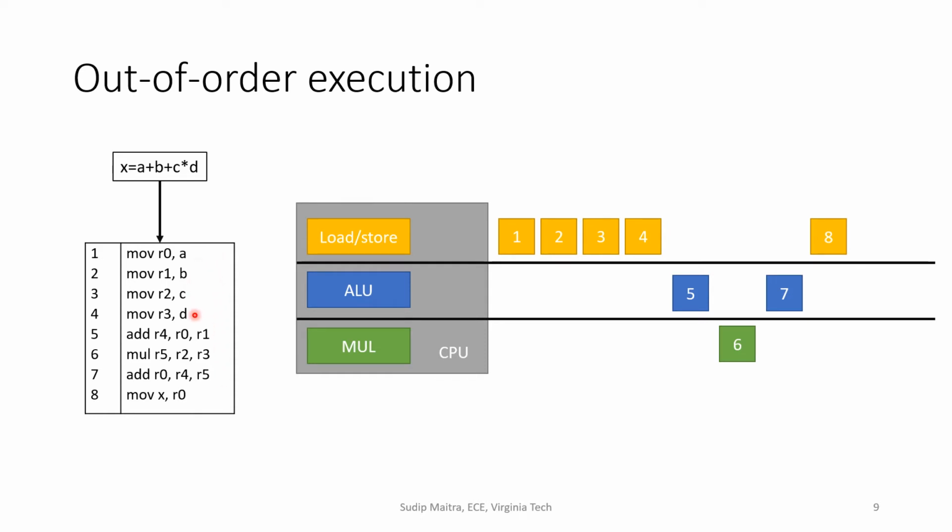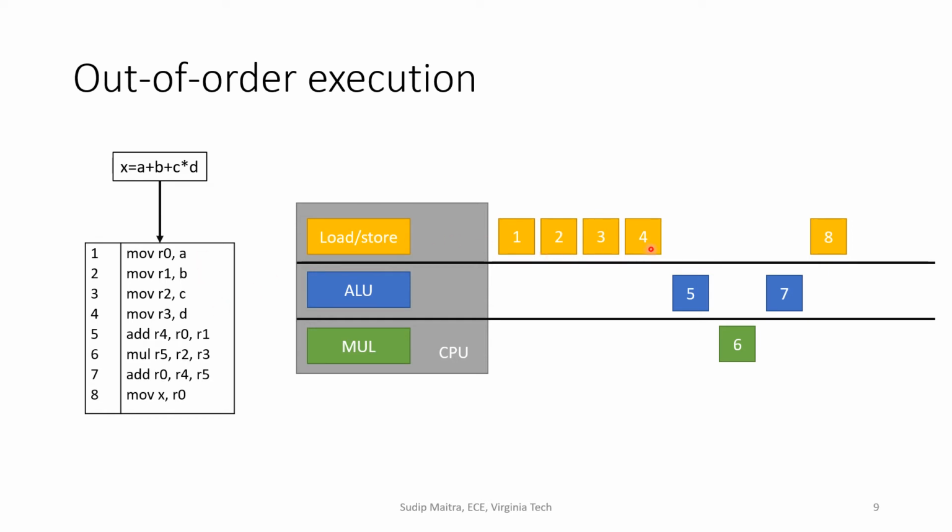At first we move A, B, C, and D into registers, and then add A and B, and then multiply C and D, add those results together, and move the result back to X. Now on our right we have a CPU that has 3 pipelines, and it does everything sequentially and in order as it appears in our code.